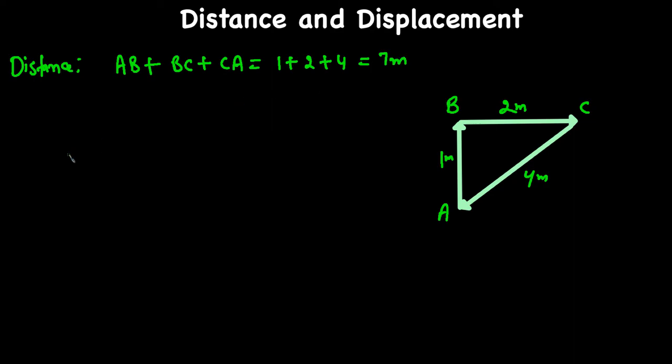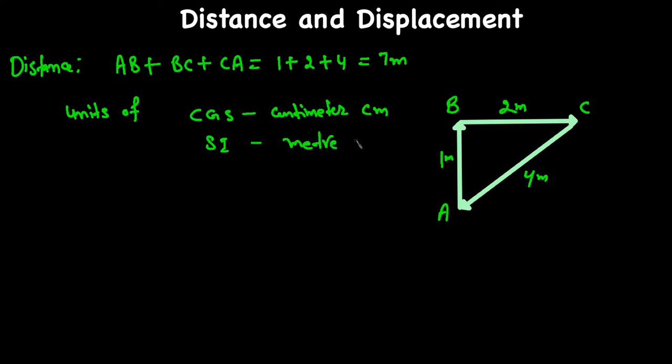And the units of distance in CGS system are centimeter, and we write it as cm, and in SI unit system it is meter, and we denote it by m.